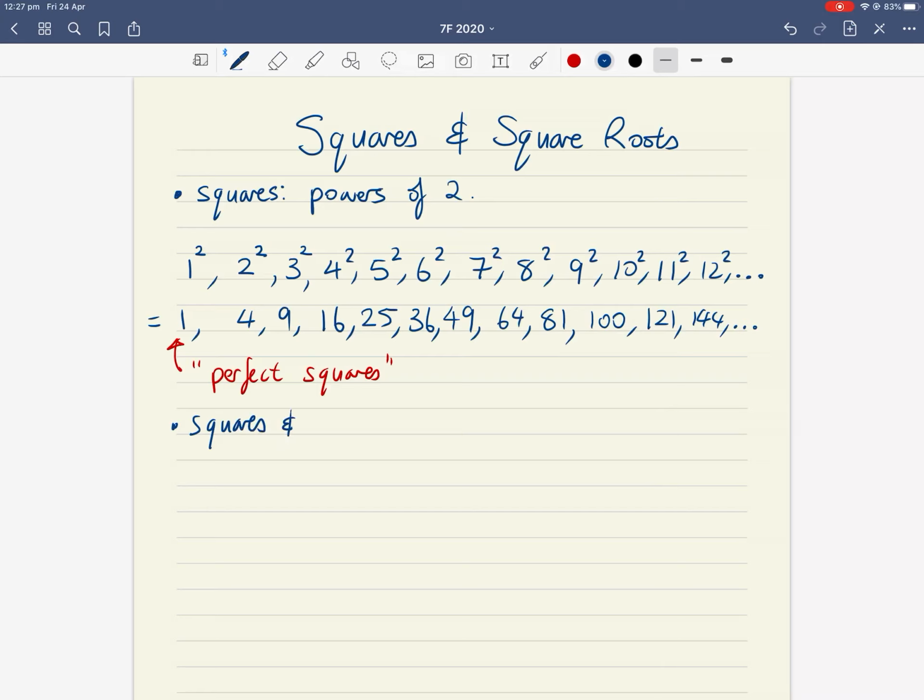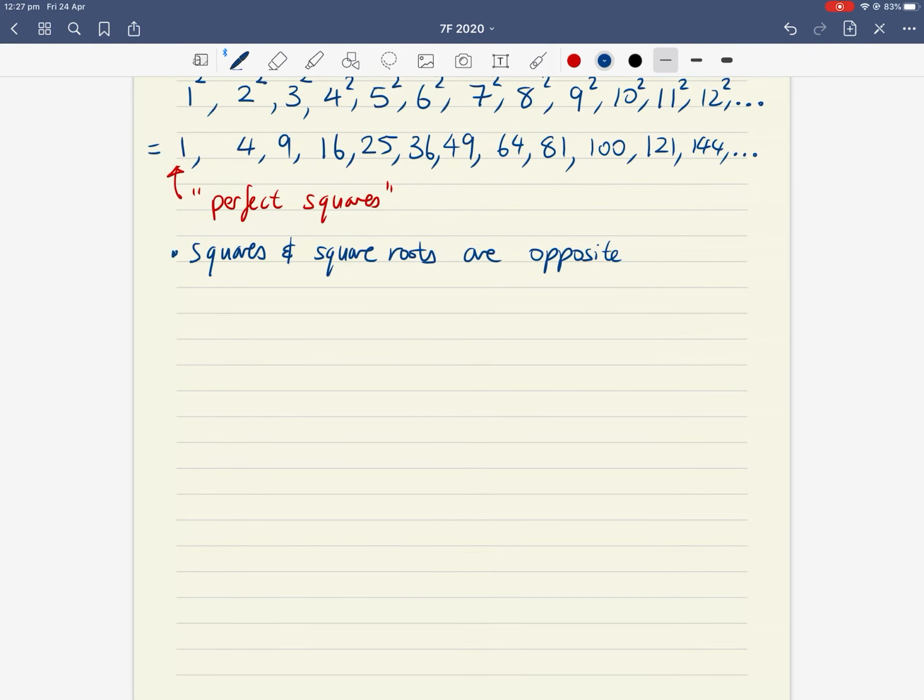Well, squares and square roots are opposites to each other. Just like how addition and subtraction are opposite to each other, squares and square roots are opposites to each other. So for example, if I told you, what's 4 squared? Well, 4 squared is 4 times 4, which is 16. So we would read this mathematical sentence as 4 squared equals 16. So that's how we would pronounce that mathematical sentence.